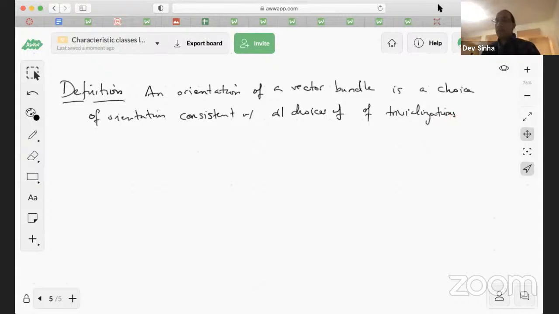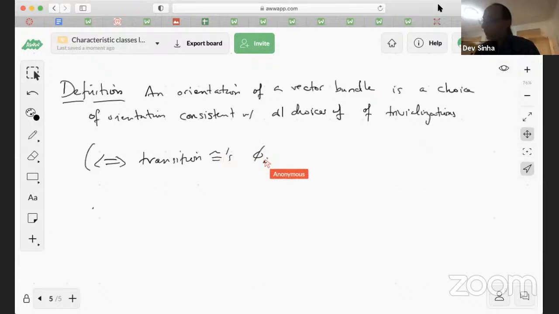And in particular, what that means then is those transition maps must be of positive determinant. So the transition isomorphisms, I think I was calling them phi ij, are positive determinant.